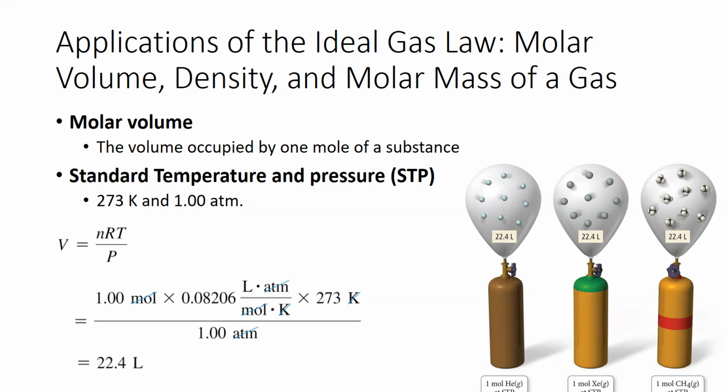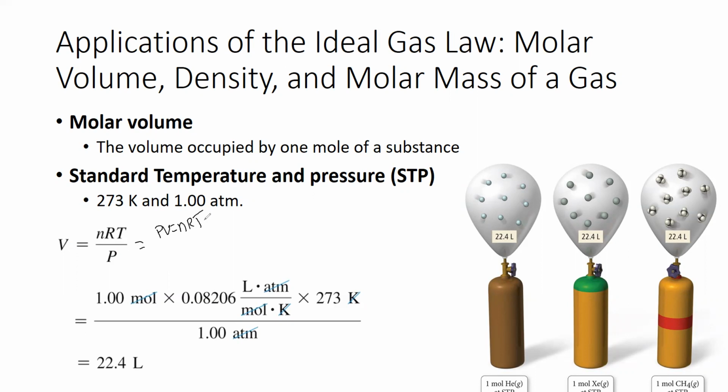Therefore, if you're looking at the volume of 1 mole of gas at STP, we can use PV equals nRT and rearrange it to solve for V. Take each side, divide by P to get V equals nRT divided by P. If I'm looking for the molar volume at STP, molar volume is occupied by 1 mole of gas, so n is 1.